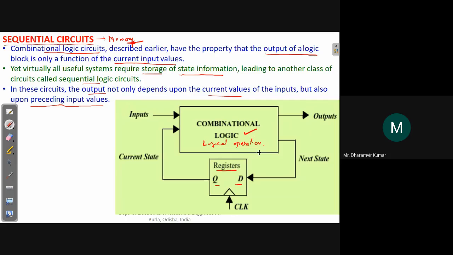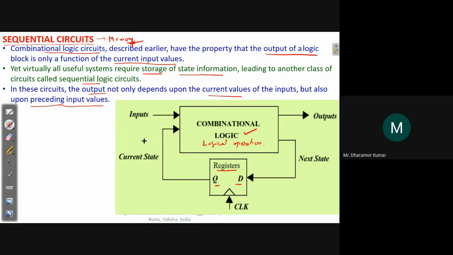Also the state information is fed to the memory part, and the output of this memory is fed as current state information to the combinational logic input. So we can say that the output of the sequential circuit, or finite state machine here, depends on the current input values as well as the current state value. And the current state value in turn depends on the next state, which again depends on the current input and current state.